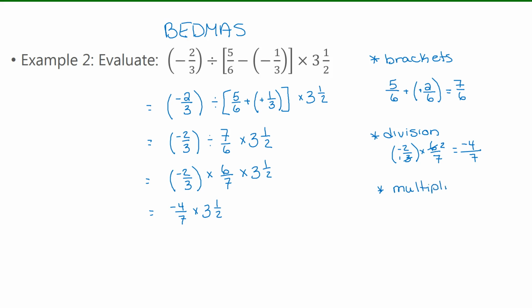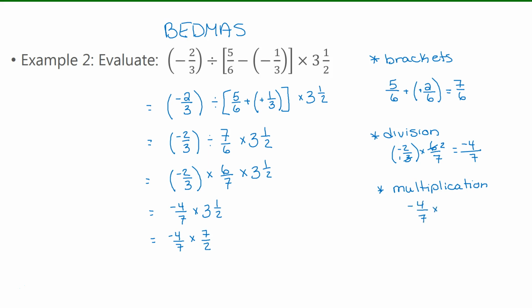So one more step. We have to multiply negative 4 over 7 by 3 and 1/2. And we'll once again have to change that mixed number into an improper fraction. 3 and 1/2 becomes 7 over 2.